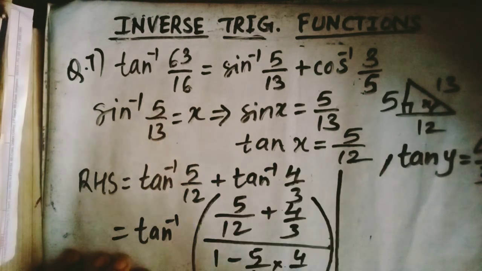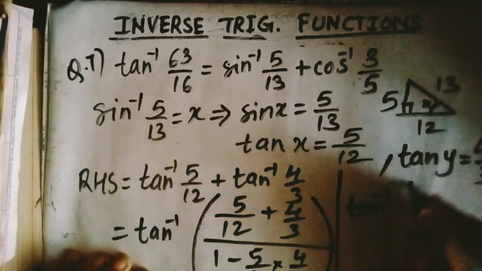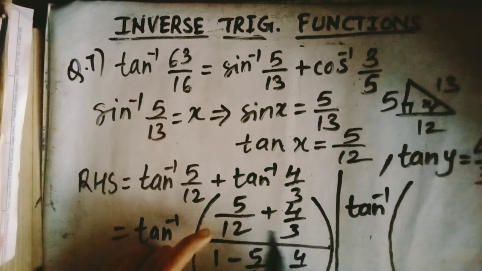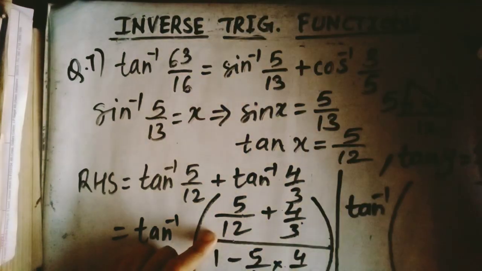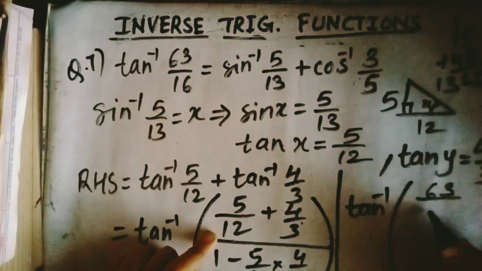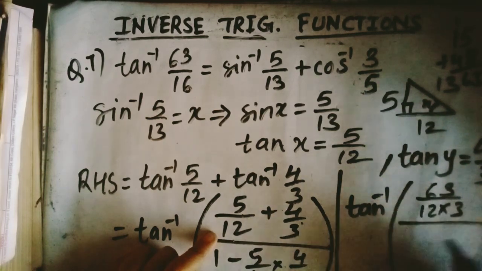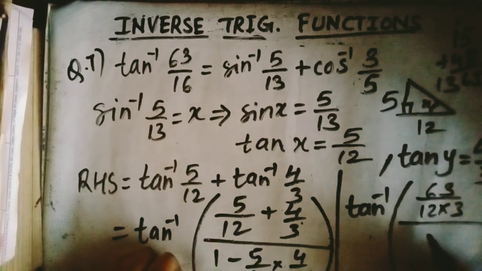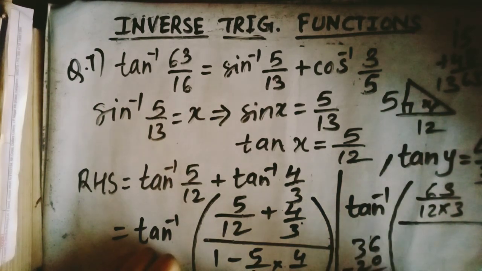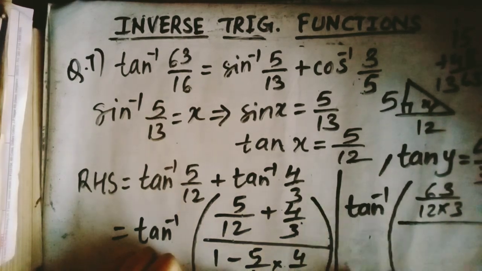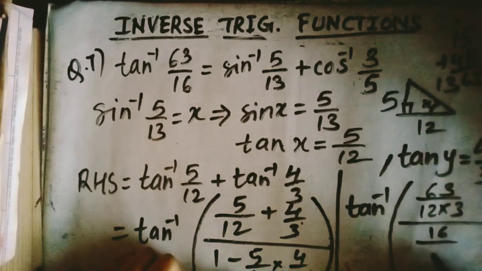Calculating this, 5 threes are 15, 15 plus 48, 63, upon 12 into 3 is 36, 36 minus 20, 16, upon 12 into 3.